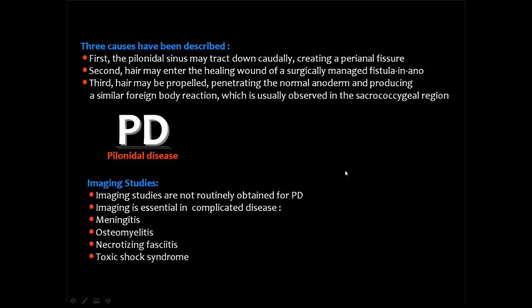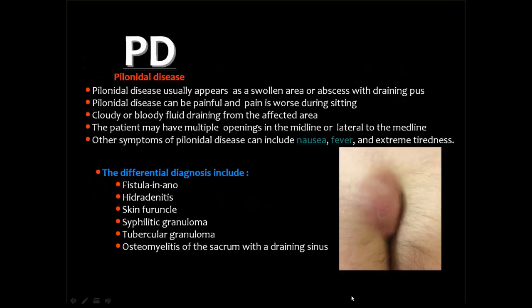Actually, we do not need imaging for the diagnosis of pilonidal disease, but imaging is essential if there are complications. The complications may include meningitis, because of the near proximity of the lesion to the spinal canal, osteomyelitis of the adjacent sacral bones, necrotizing fasciitis, and toxic shock syndrome.